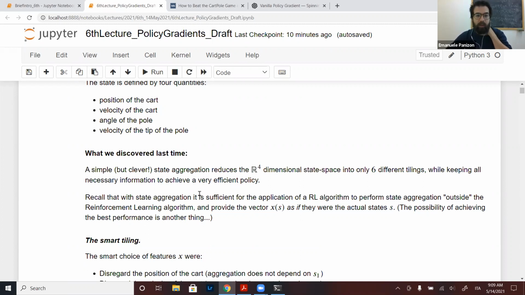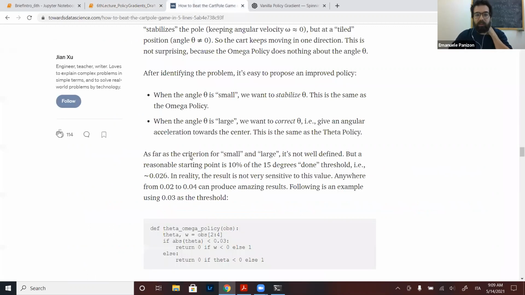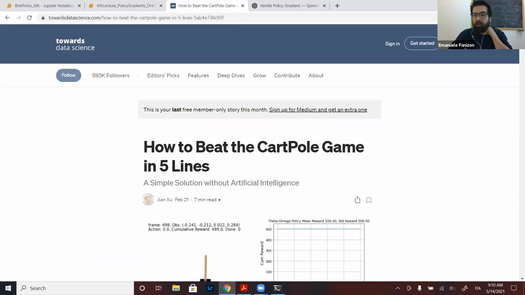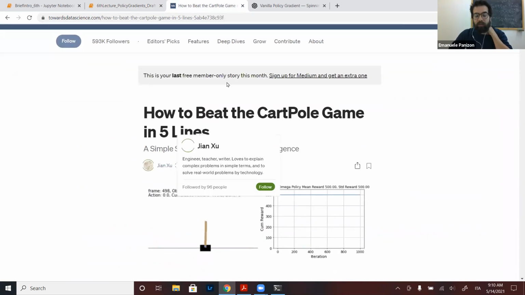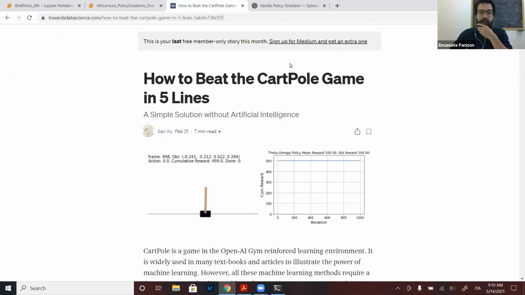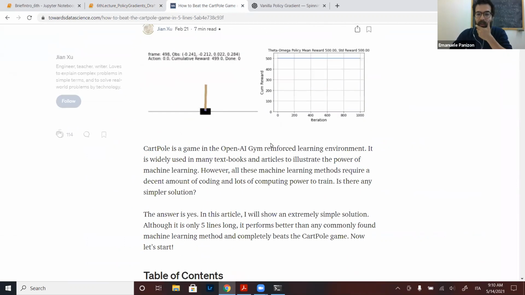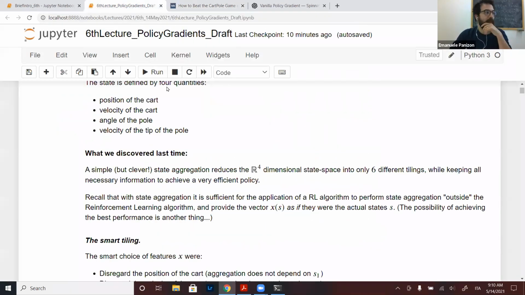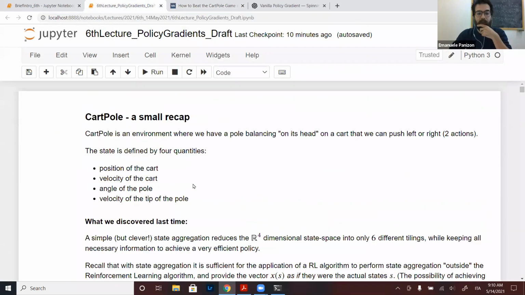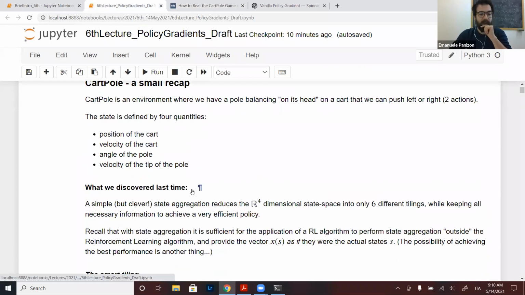And this was done in this nice article, which I have all the references for in the past exercise.